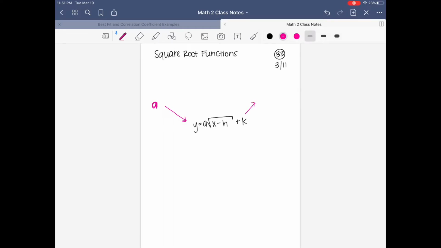Okay, so there are three possibilities for a, very similarly to when we were dealing with quadratics. So first of all, if a is a number that's larger than 1, that's going to give you a vertical stretch. If a is a number that's between 0 and 1, in other words, if it's a fraction or a decimal between 0 and 1, that's going to be a horizontal stretch.